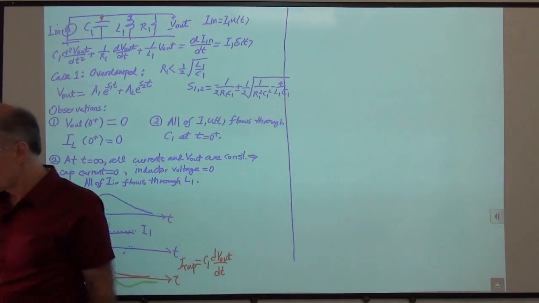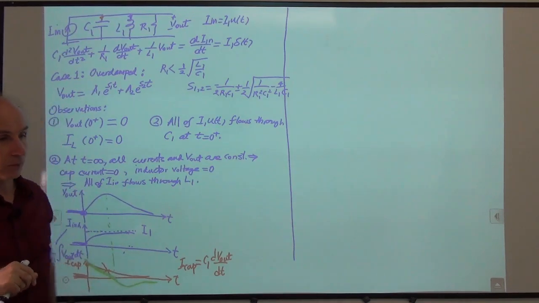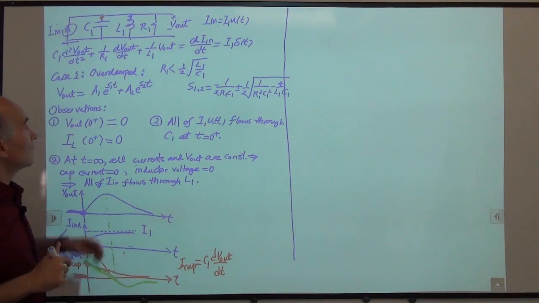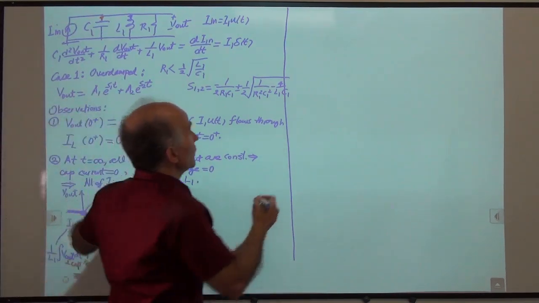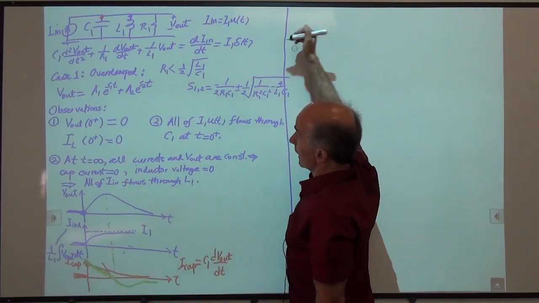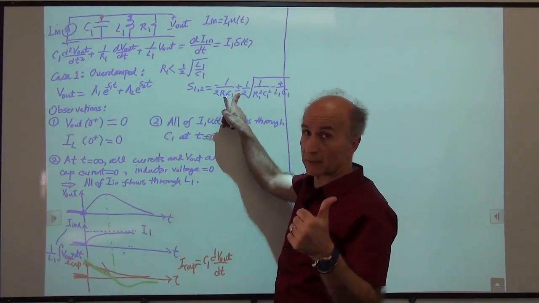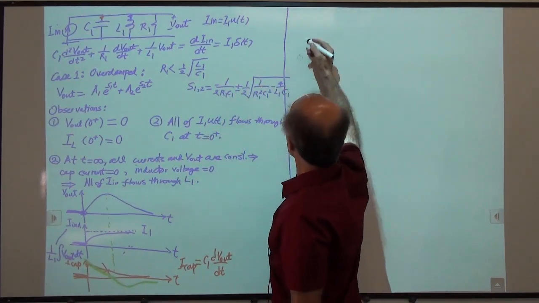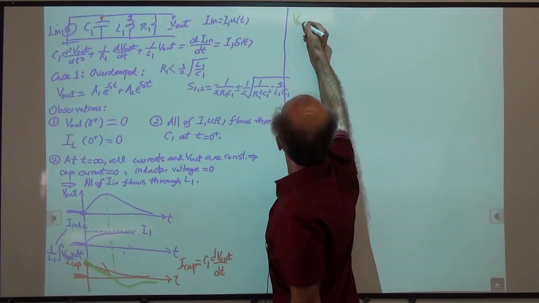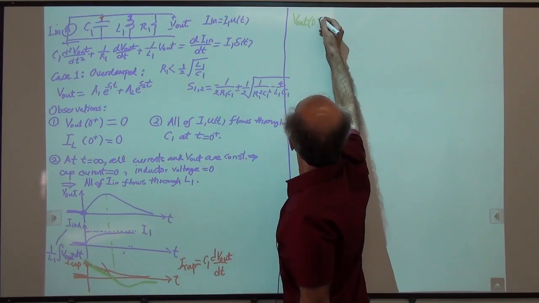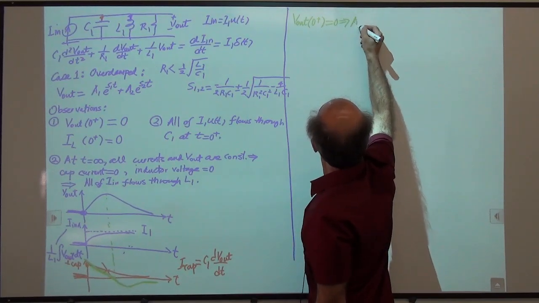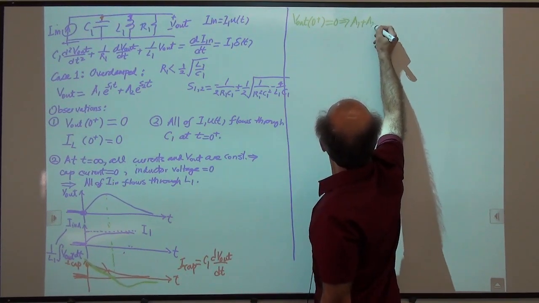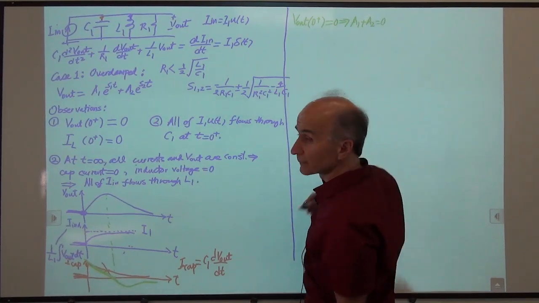And now, to find the exact overdamped response, we have to go back and ask ourselves how do we satisfy these conditions. So we say that S1 and S2 are known. We just have to find A1 and A2. So we say V out at time 0 plus is 0. That means that A1 plus A2 must be 0.